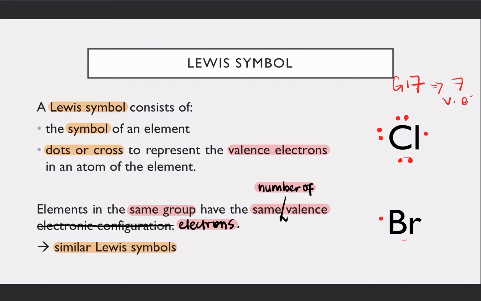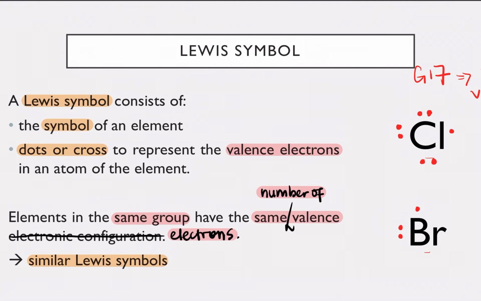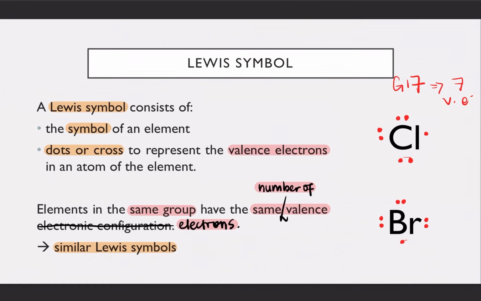Same as bromine, since it is in the same group. Sorry, that's not how you sequence the putting of electrons. You should put 4 around it first and then place the rest. Elements in the same group will have the same number of electrons around them in their Lewis symbols.